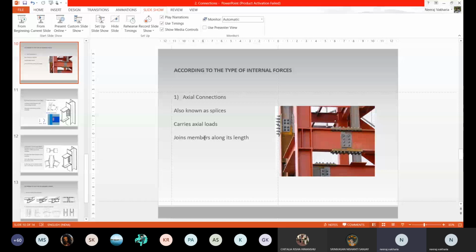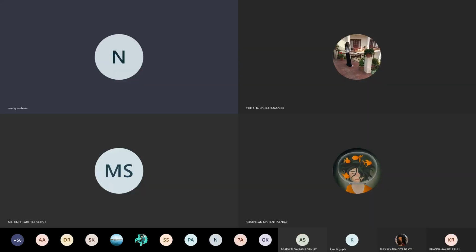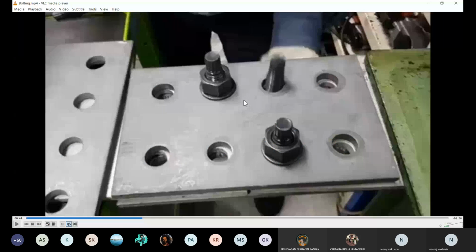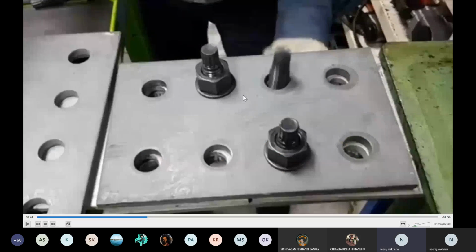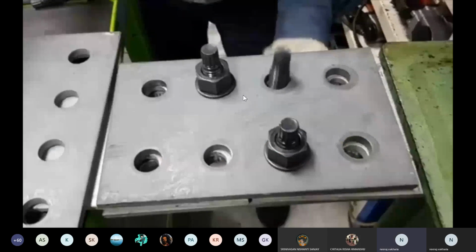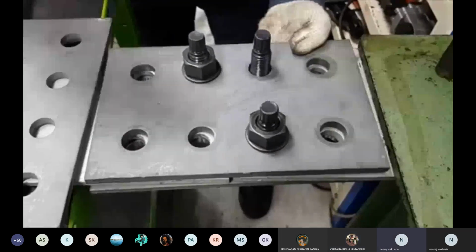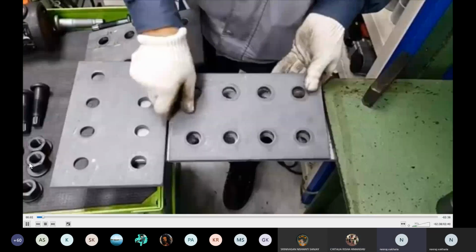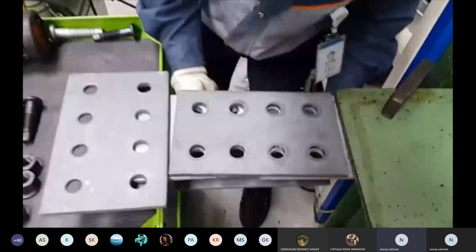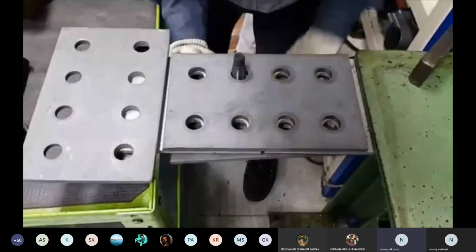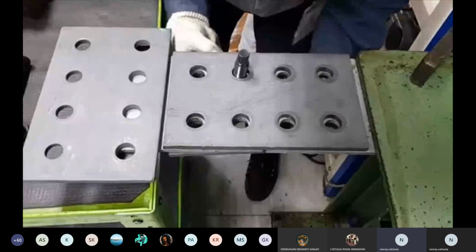I would like to show you the process of riveting and bolting. Then you will understand the thing. Can you see the video? I don't think you might be able to hear, but that's okay. See, the base plates are getting placed, and these connector plates are fixed on the bottom and above.